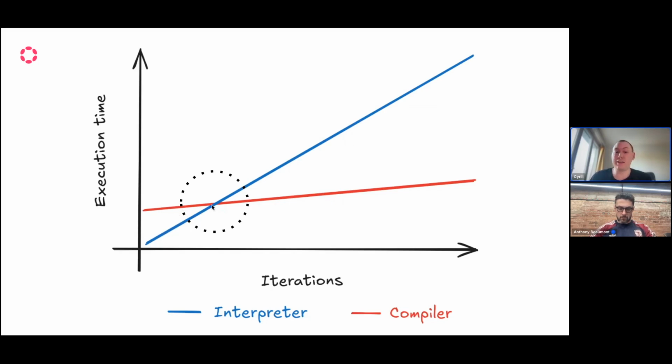But the more iterations your code does, if you imagine something like calculating Fibonacci numbers or calculating a hash, eventually you will reach a tipping point where it might be worth using the compiler.